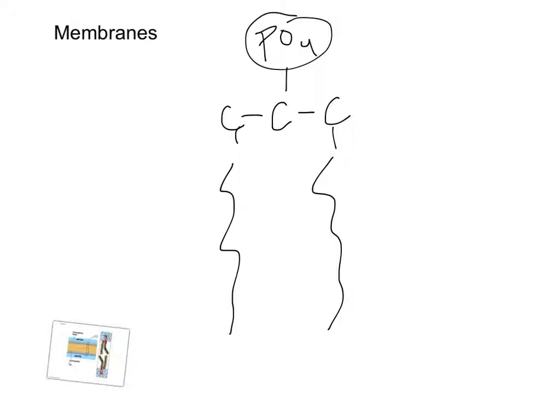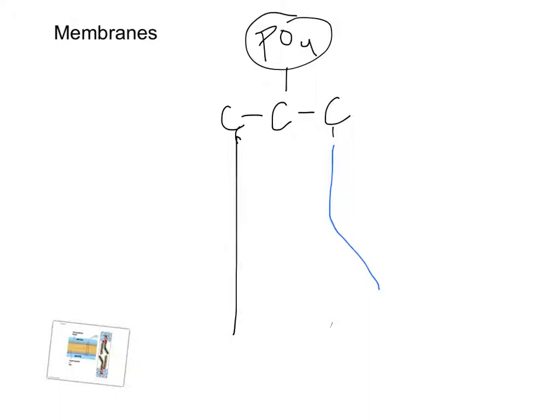So let's erase this and let's just do it like this. This being a saturated fatty acid chain. And then in blue, we're going to have an unsaturated fatty acid side chain.